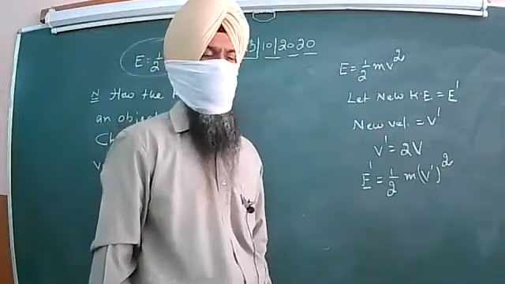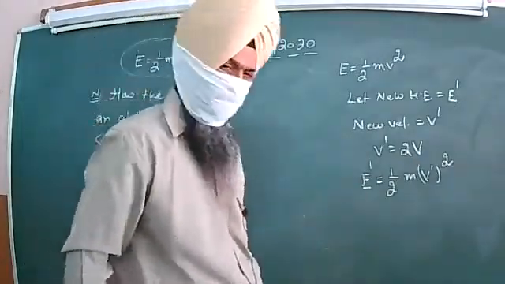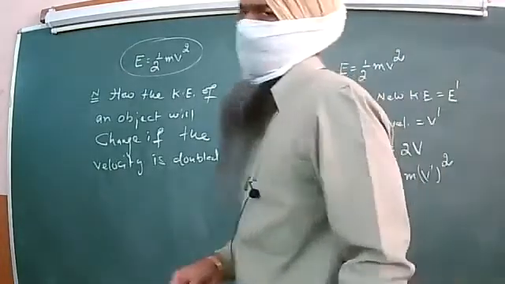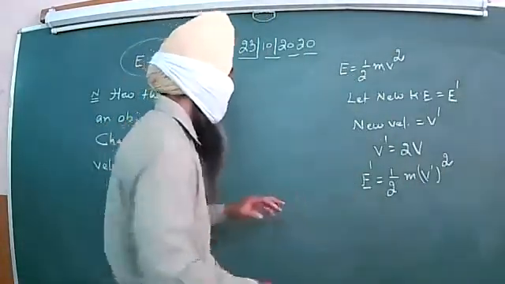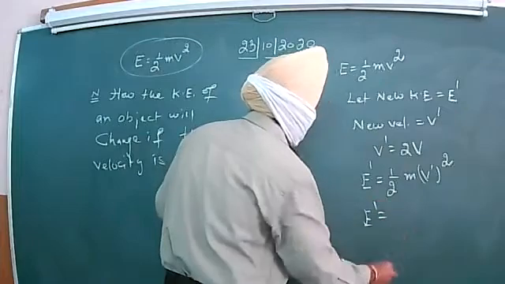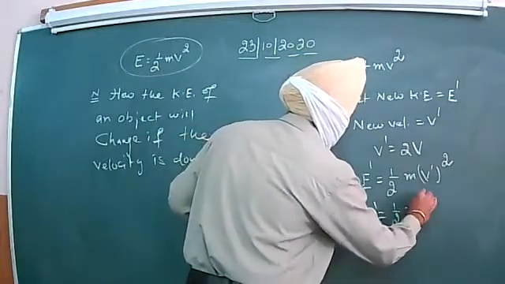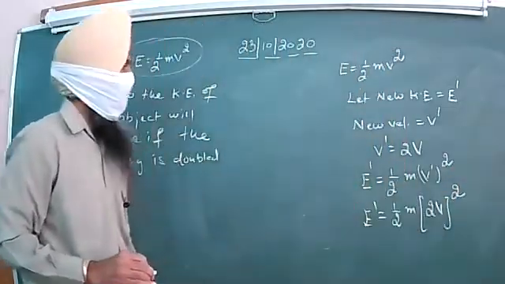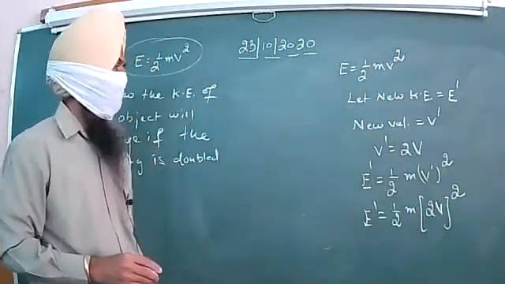Furthermore, I can substitute for this V dash. E dash is half m times twice V, and we are making the square of this term.